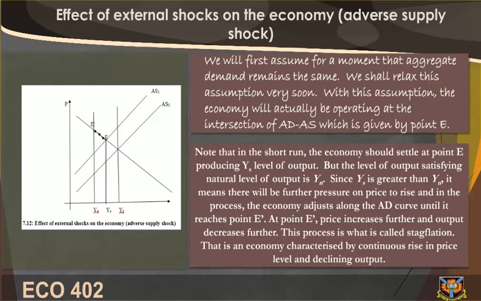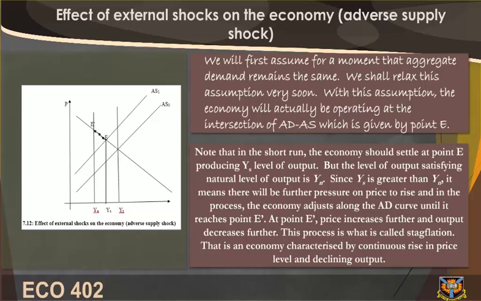We will first assume for a moment that aggregate demand remains the same. We shall relax this assumption very soon. With this assumption, the economy will actually be operating at the intersection of AD-AS, which is given by point E. Note that in the short run, the economy should settle at point E, producing Ys level of output.